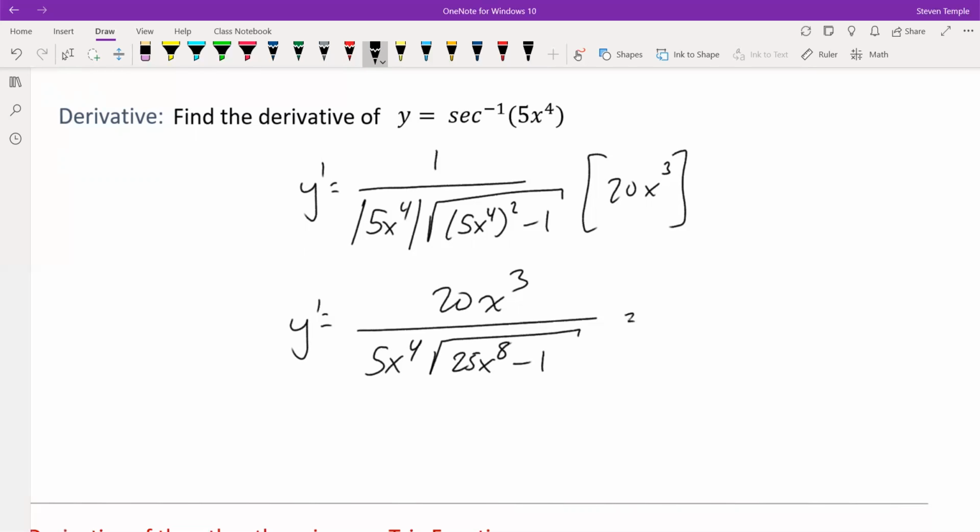I can simplify to make this a 4 on top, x on the bottom, square root of 25x to the 8th minus 1. I'm going to stop there. You can simplify the inside, but that's good enough for this class and what we're doing for this year, and I'm happy with that.